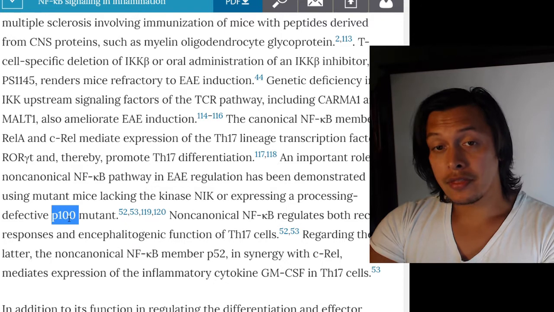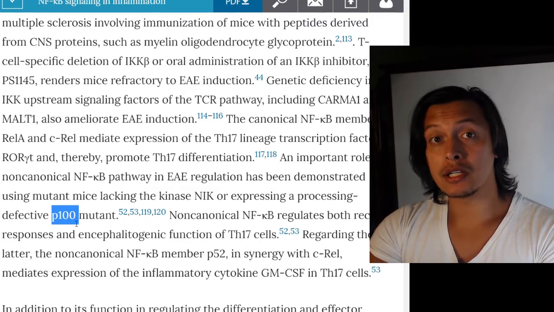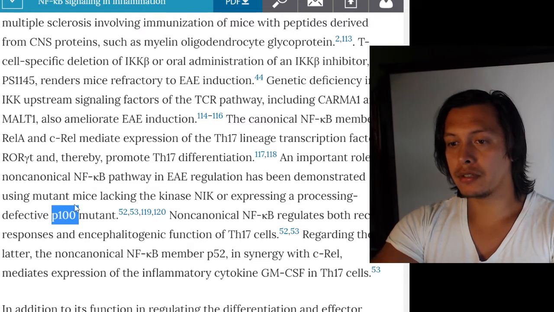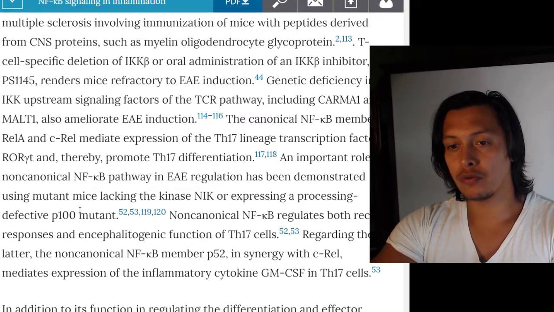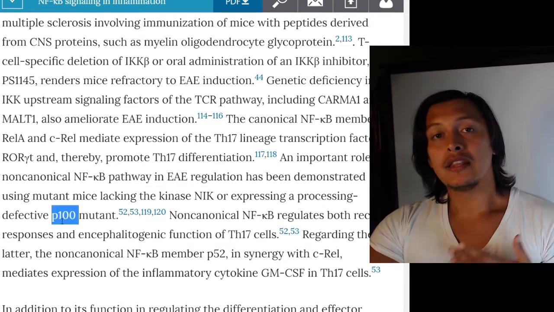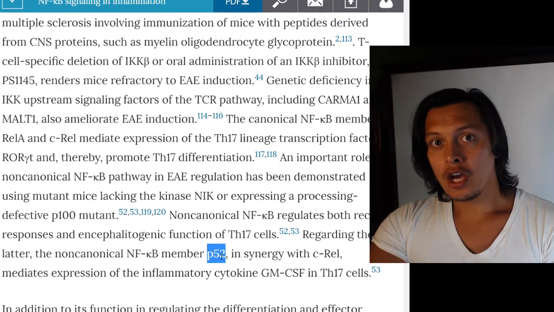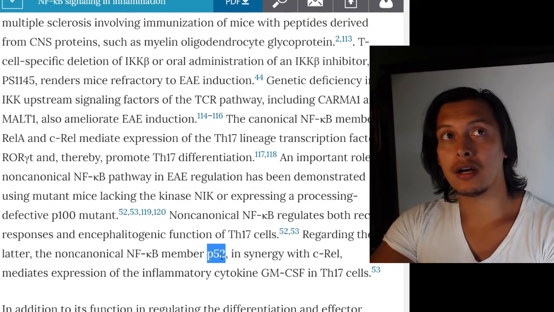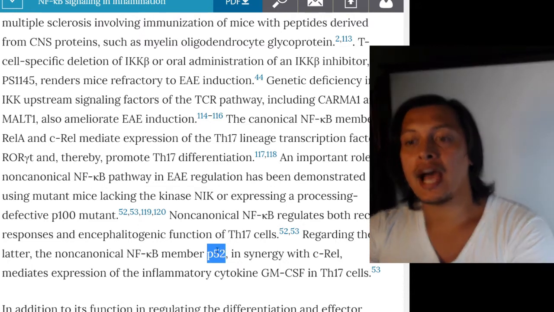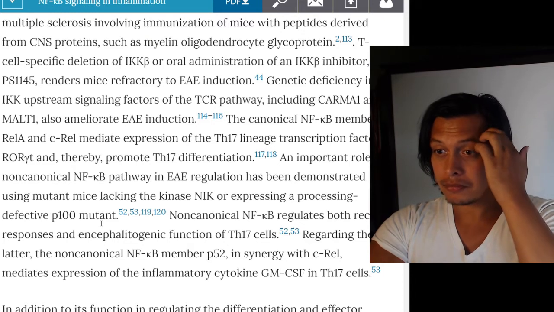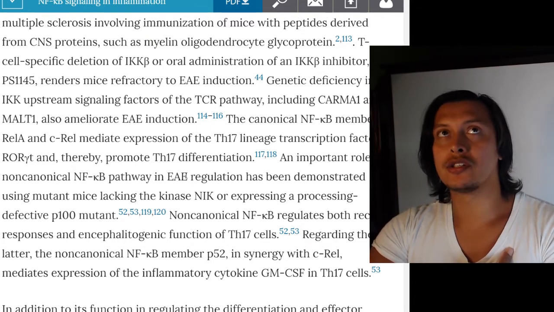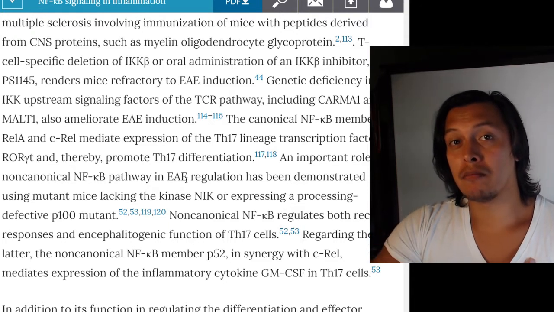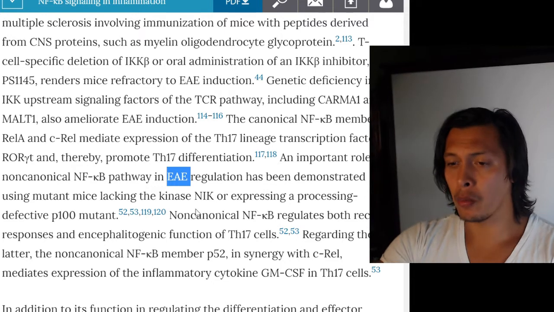So remember, P100 is one of the non-canonical subunits of nuclear factor kappa B. If you express a P100 that cannot be processed into P52, which is a part of the non-canonical nuclear factor kappa B complex, then you end up adding resistance in the mice against experimental autoimmune encephalomyelitis. Oh man, EAE. So let's see.